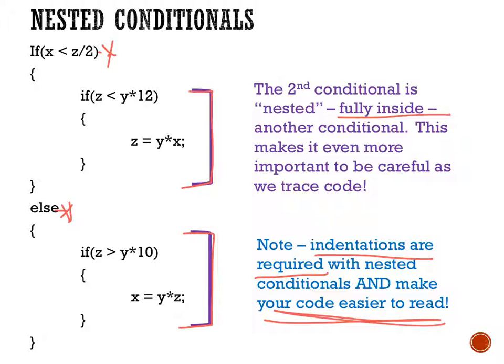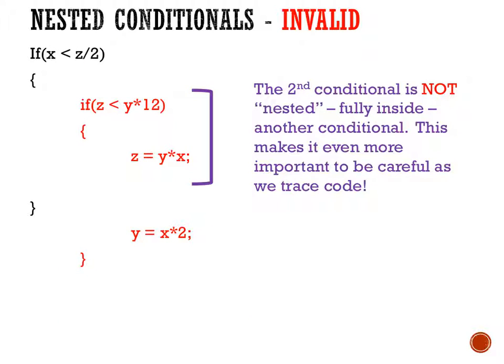So note that this whole conditional is indented in to show that it is inside of the other conditional. Now, I did want to show you an example of something that is invalid, as I've seen this happen accidentally before, and this is where indenting your code is so important. So if you look here, this whole chunk in red is meant to be one conditional.